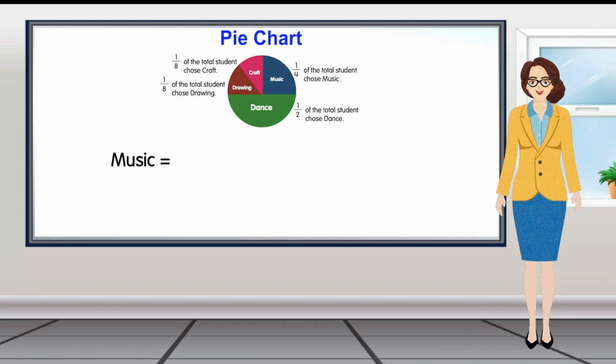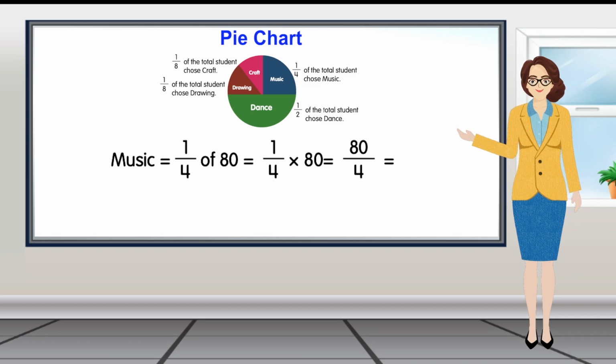Music. 1/4 of the total students chose music. 1/4 of 80 is 1/4 multiplied by 80, which equals 80/4. After dividing 80 by 4, we will get 20. So 20 students chose music.